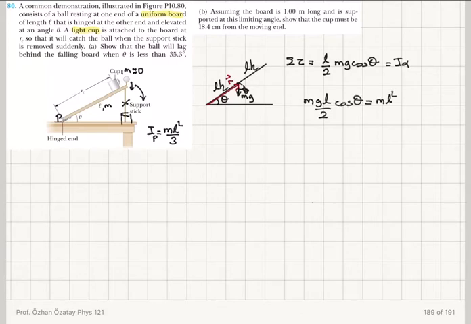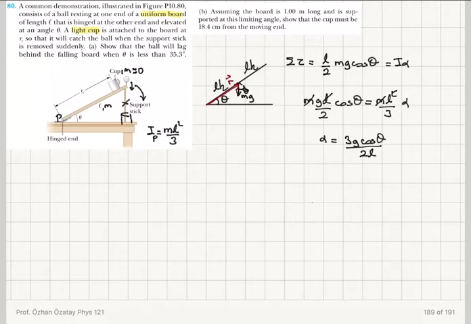So I have mg L/2 cosine theta equal to mL squared over 3 alpha. So m's disappear, one of the L's cancel. So I find that alpha is 3g cosine theta divided by 2L.